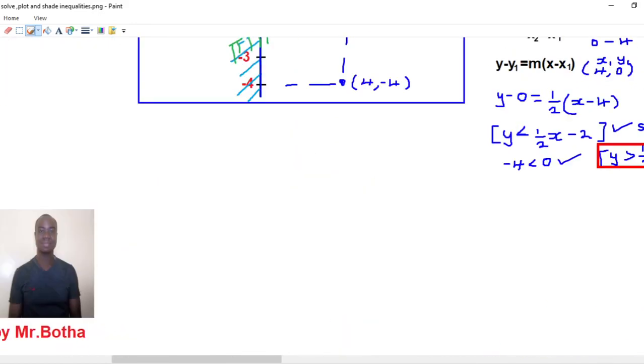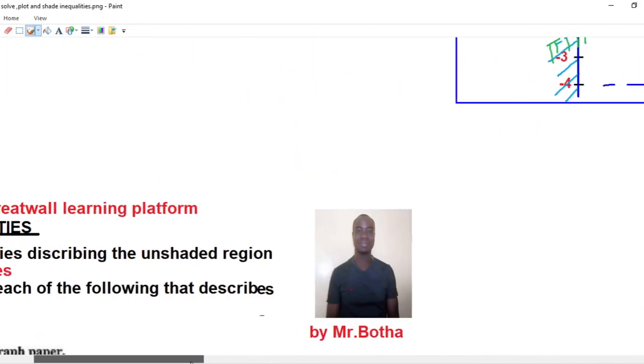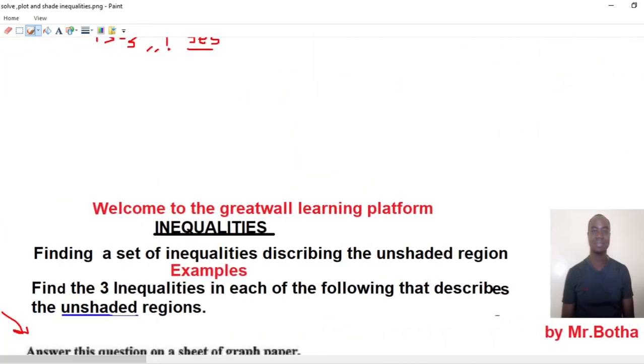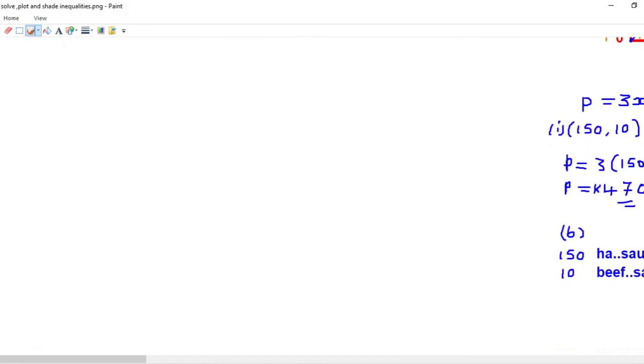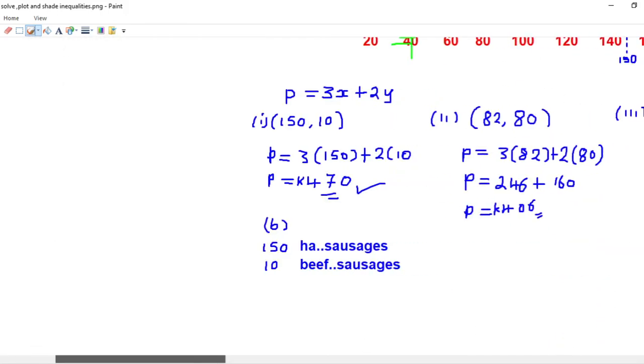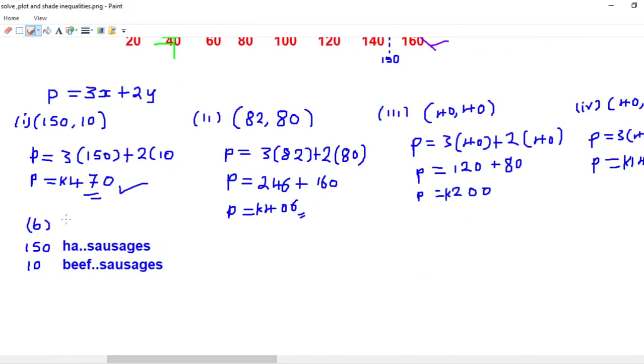Let's hope you have seen the question and how it has been answered. Okay, right here. So that was question C. Now calculate this maximum profit. Of course, we have calculated it already. So we've been answering question C and D at the same time.